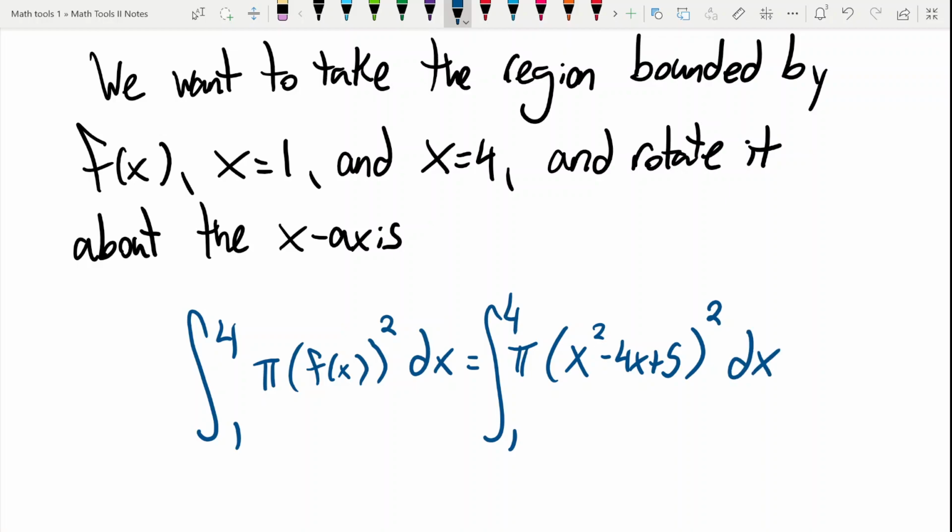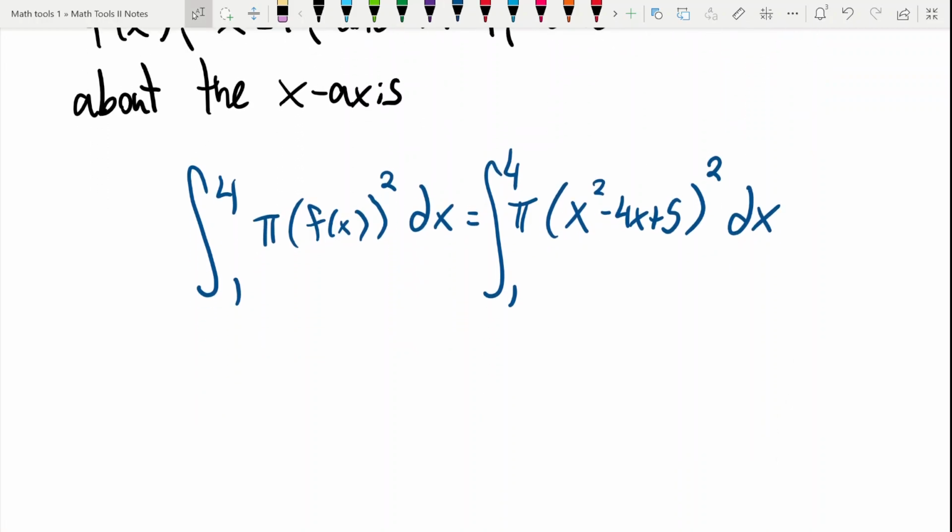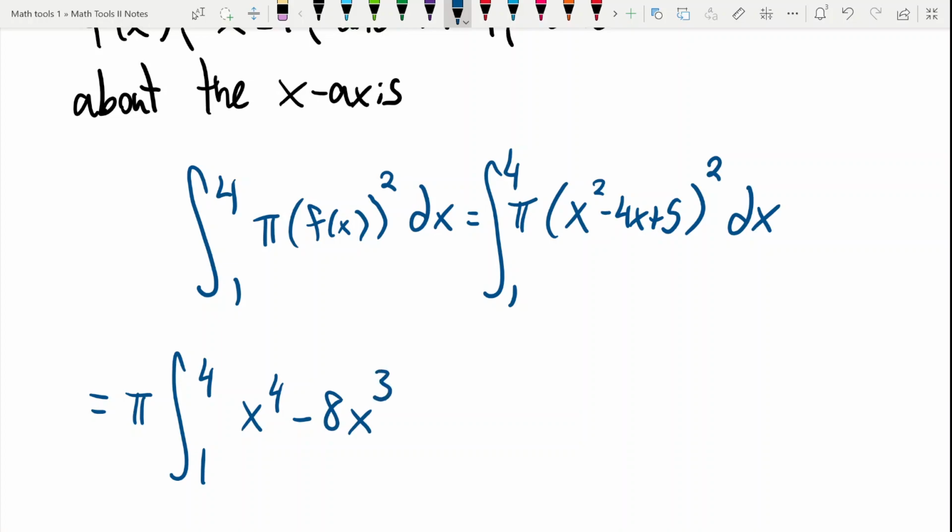Okay, so we just have to do a little bit of algebra here. Expand that out, and then we can integrate it. We'll take the pi out to make it a little easier. I already have this written down, so we don't have to do the whole thing, but it's x to the 4th minus 8x cubed plus 26x squared minus 40x plus 25.